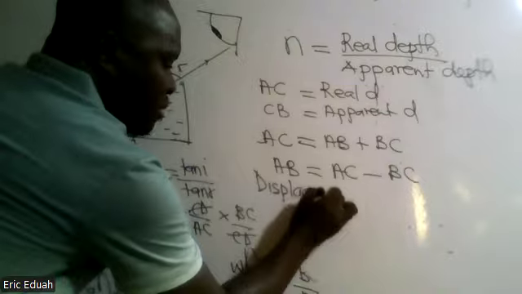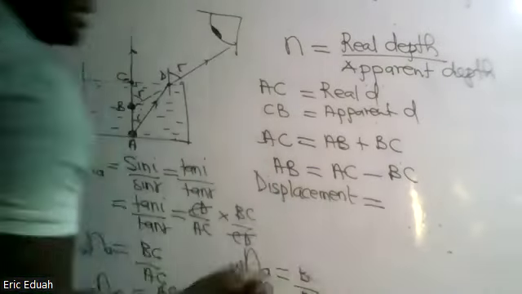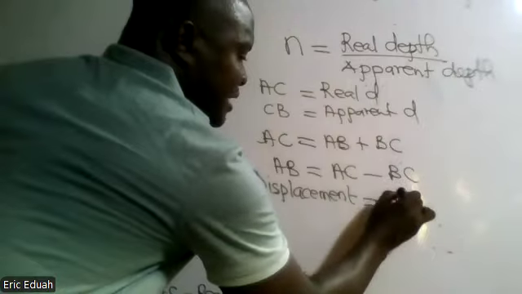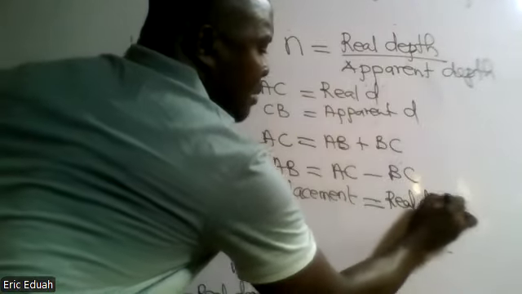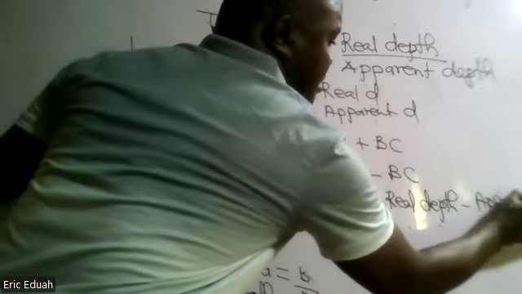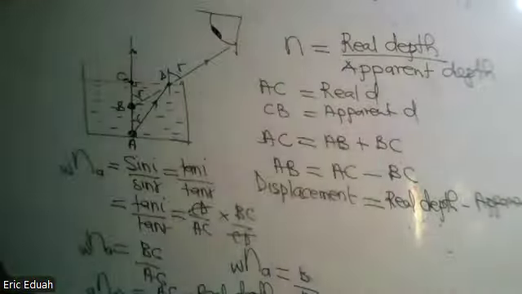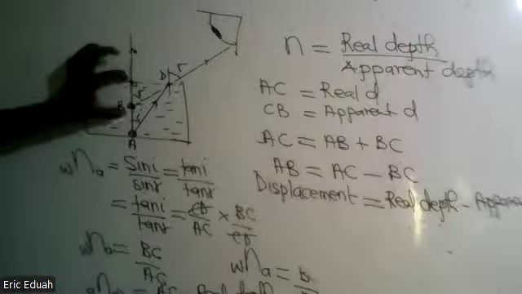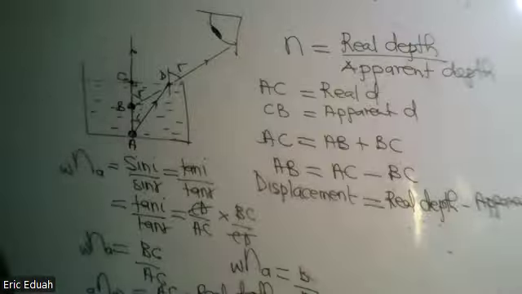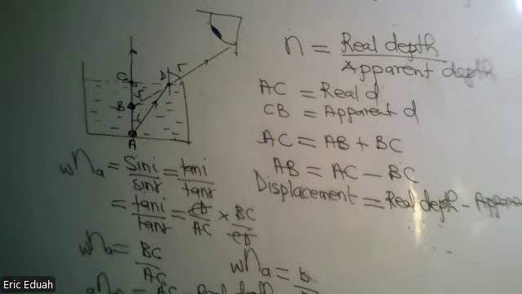So when an object is placed in water, the vertical displacement is equal to the real depth minus the apparent depth. So the vertical displacement is when you have subtracted the apparent depth from the real depth. Okay. So this is the concept of real depth and apparent depth.